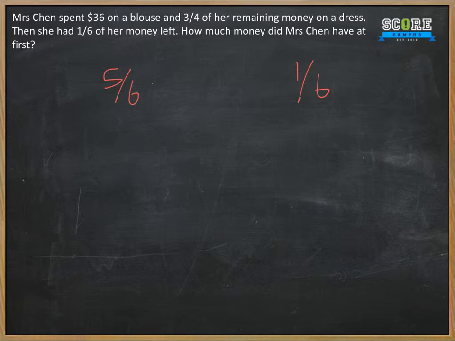Now we also know that this equals, let's change color for easier representation, $36 plus $36, excuse my handwriting, plus three-quarters. That's basically what 5/6 represents.